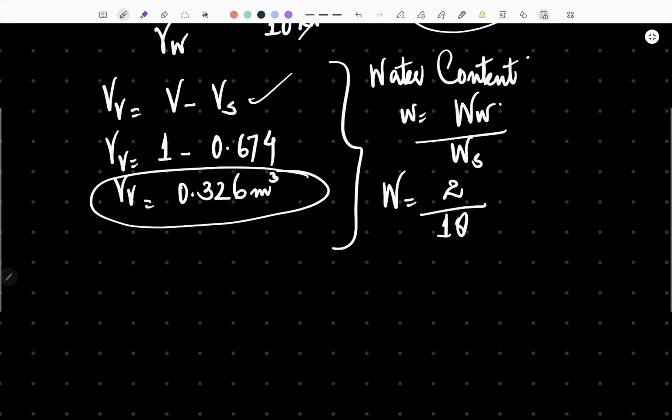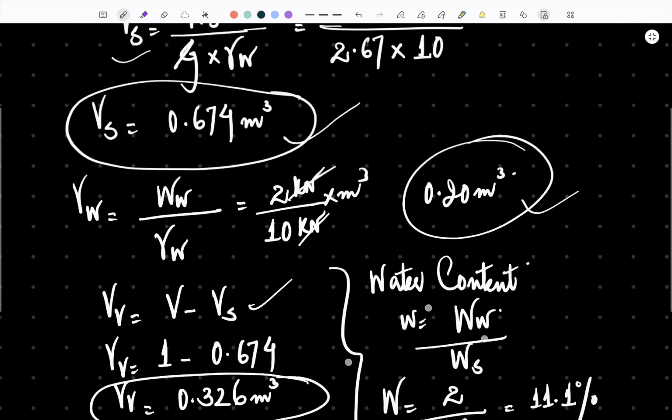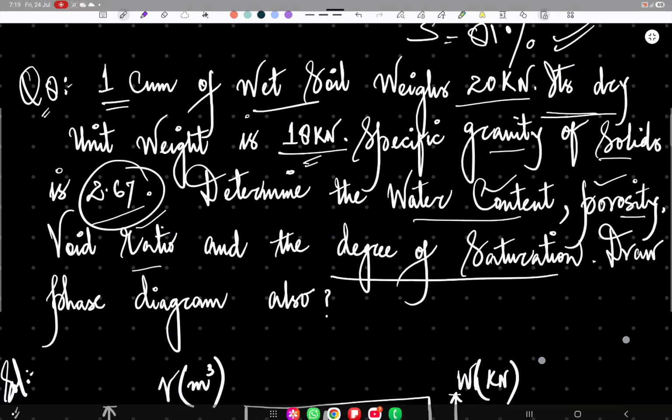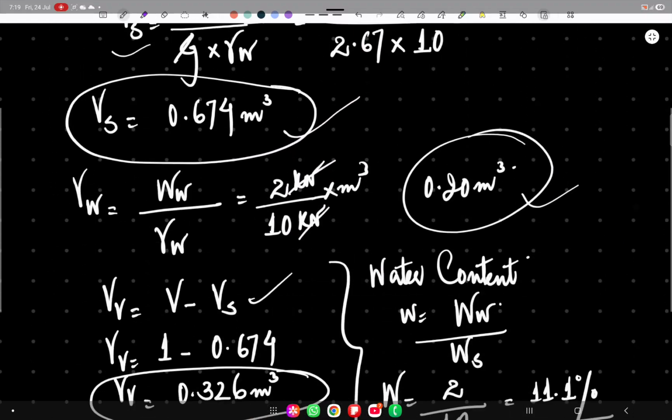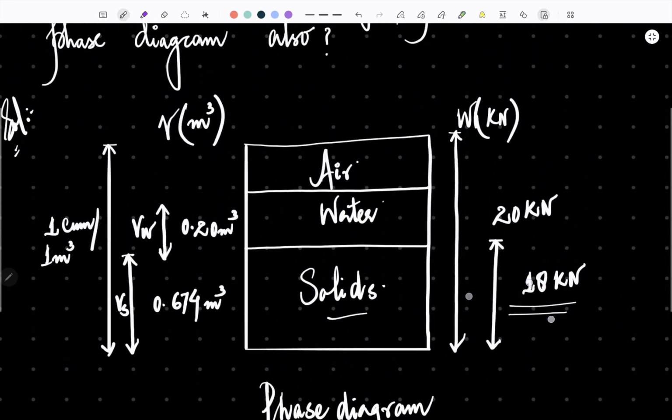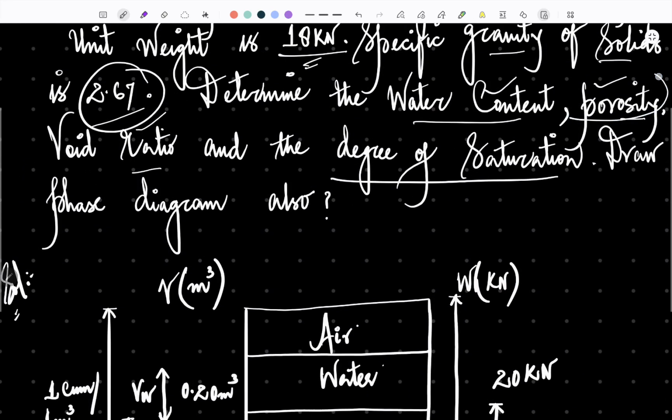By calculation, my water content is 11.1%. We always report water content in terms of percentage, and it came equivalent to 11.1%. So the first thing that question demanded, we have found the water content and it came equivalent to 11.1%.